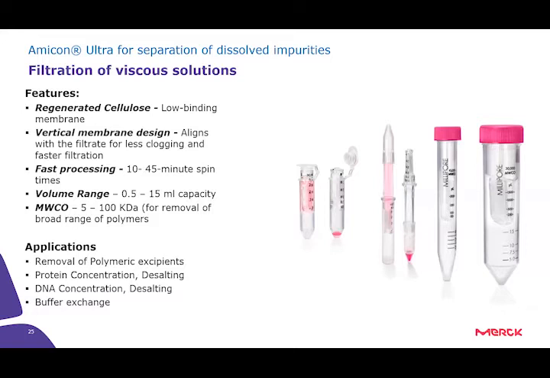These devices are commonly used for protein concentration and desalting, as well as DNA concentration and desalting. But these can be easily used for removal of polymeric excipients when we come across solutions containing dissolved polymeric excipients.